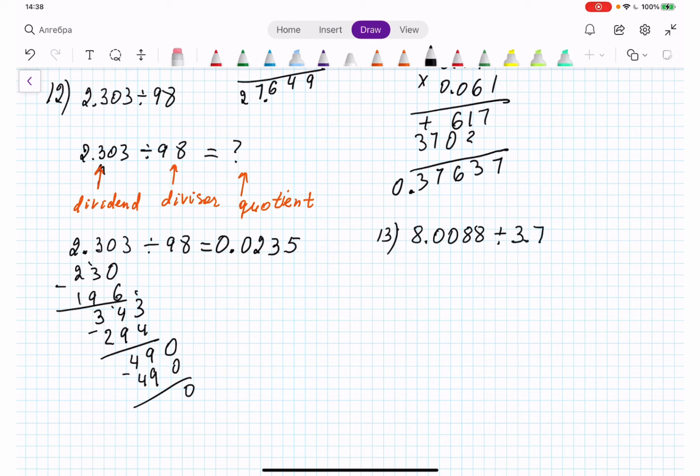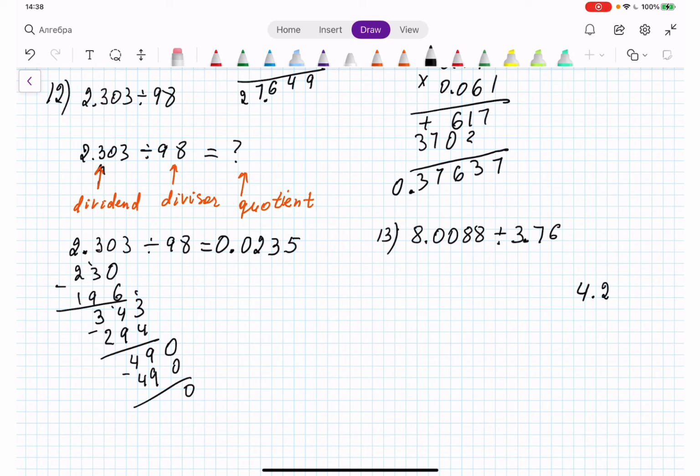Okay, here we have a divisor with decimal notation. What am I going to do? Let me ask you this. If I divide, let me see how to introduce. Okay, this is how I will do.